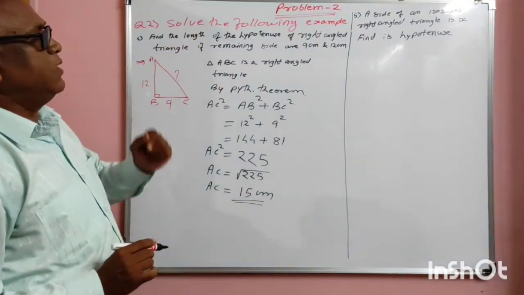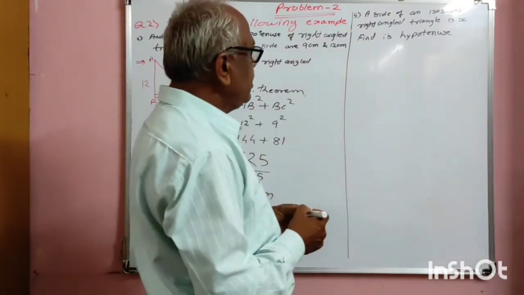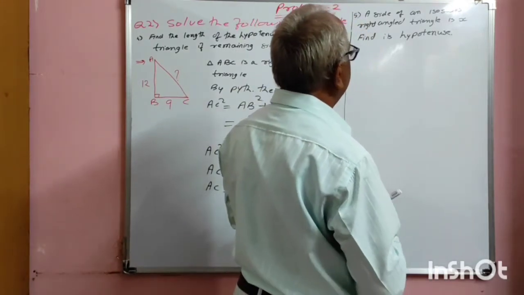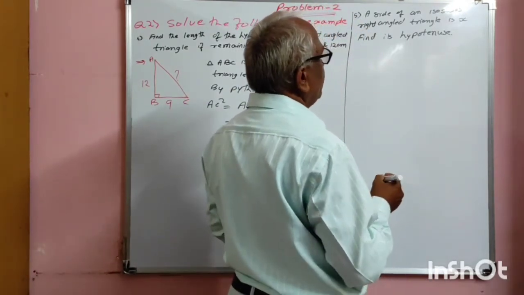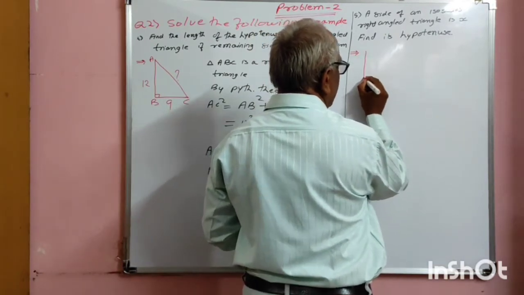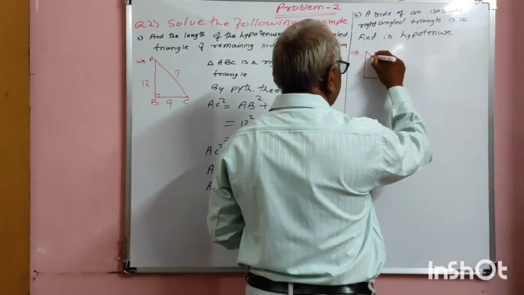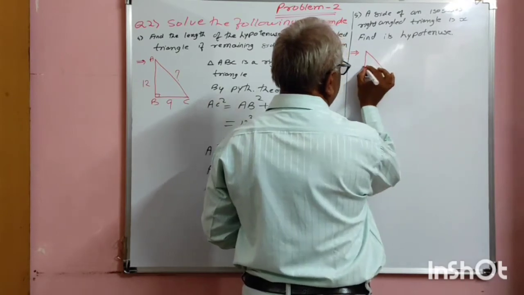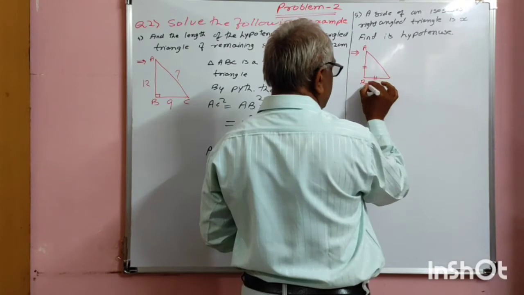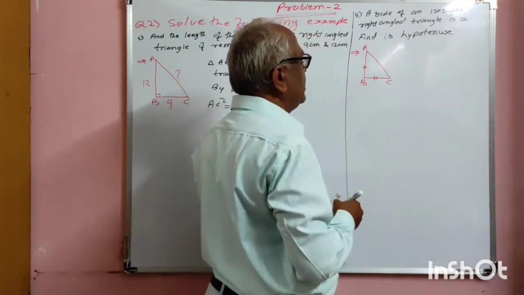Now example number 5th, the side of an isosceles right angle triangle is X, then find its hypotenuse. Isosceles right angle triangle, that means here the triangle ABC is an isosceles right angle triangle.